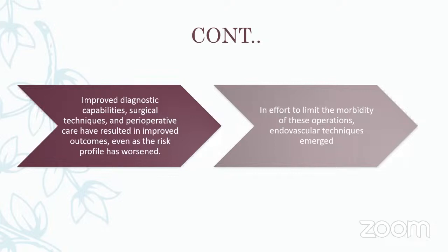Improved diagnostic capabilities, surgical techniques, and perioperative care have resulted in improved outcomes, even as the risk profile has worsened. So, in an effort to limit the morbidity of these operations, endovascular techniques have emerged.